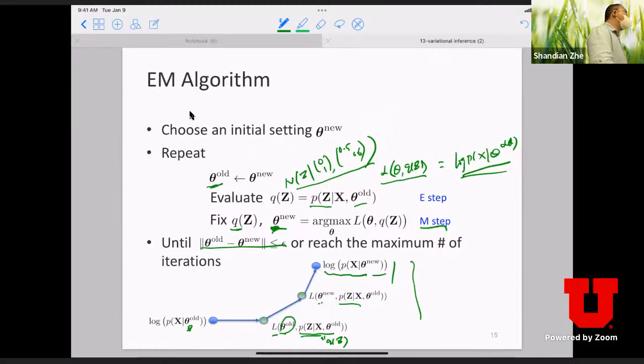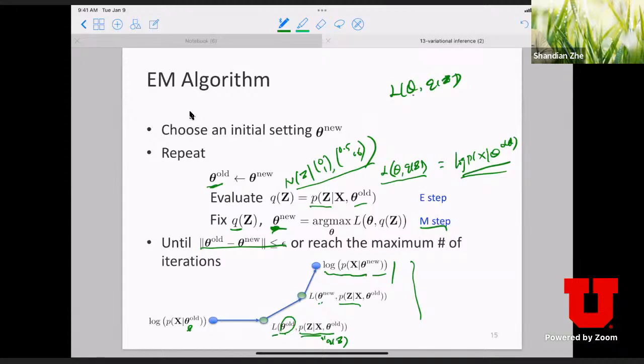Yes, exactly. You can view it as coordinate ascent. That's another good way to understand it.